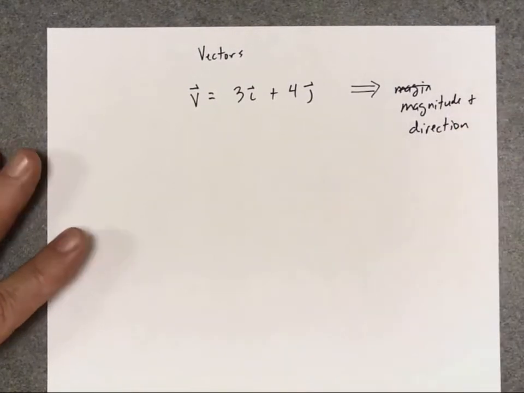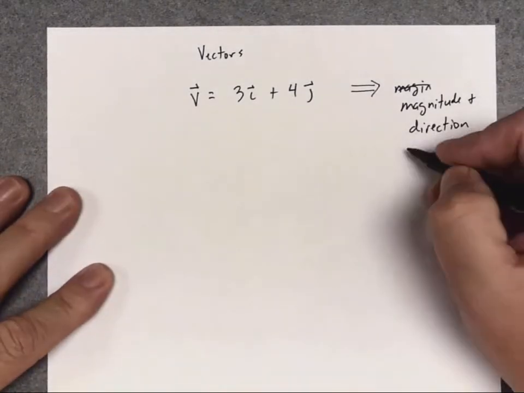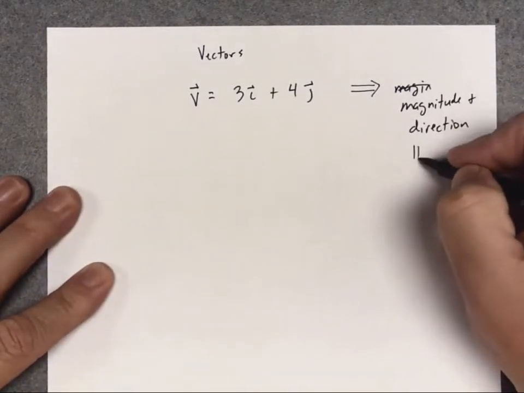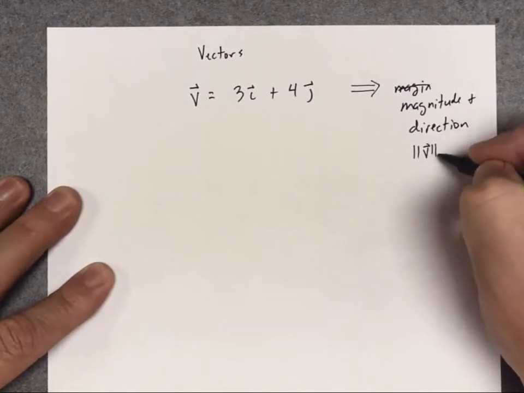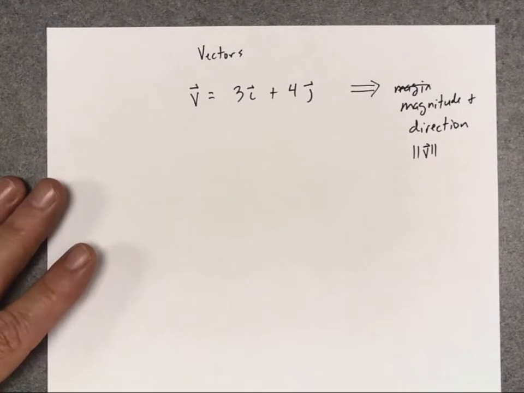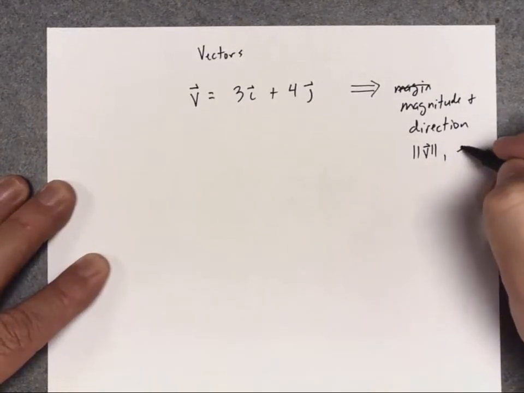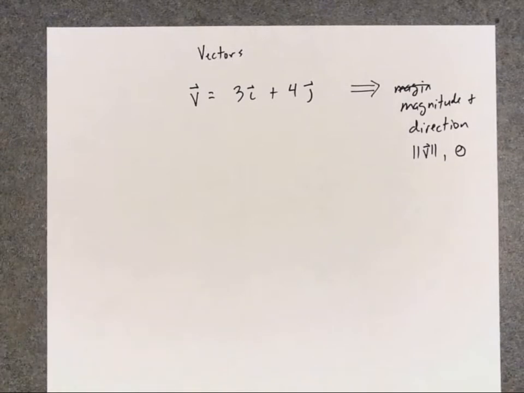So this is the other main way that we denote or describe a vector, by giving its magnitude and direction. In this case, the magnitude is denoted by these sort of double vertical bars with the name of the vector inside and then an angle theta.